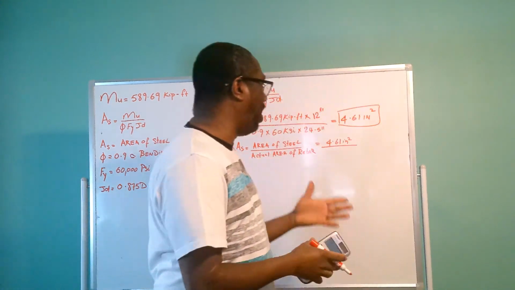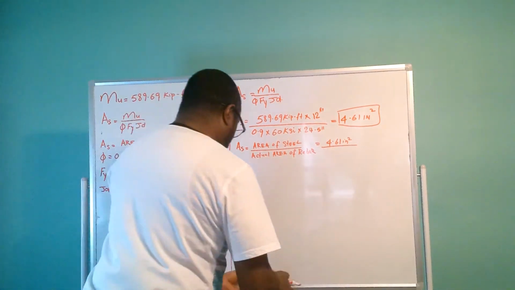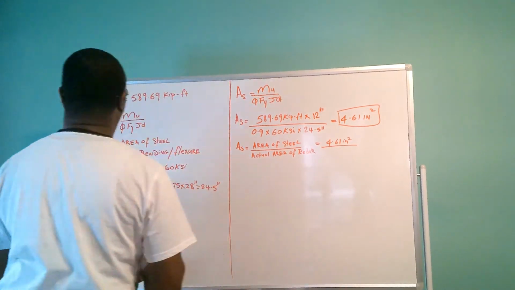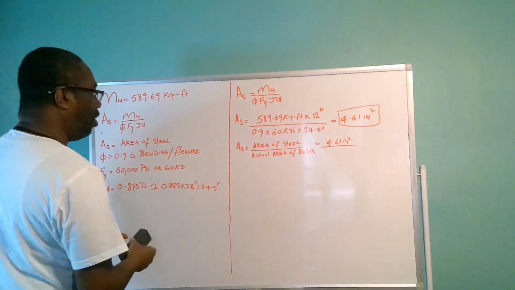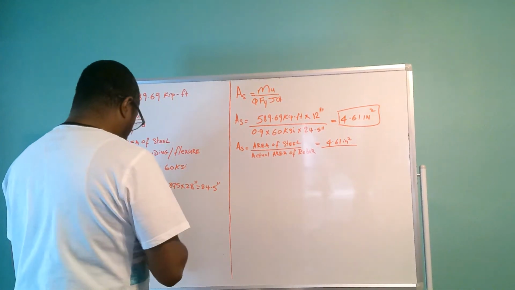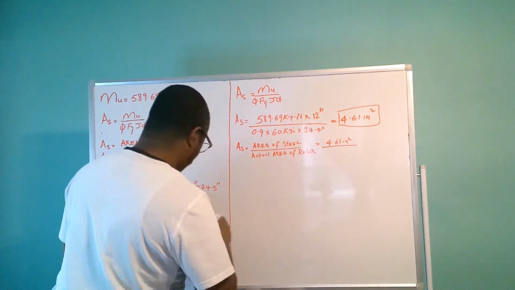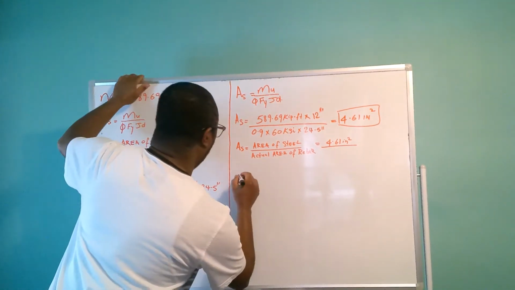And for our beam cross section, that is not going to be good, because we want our steel to be able to fit, so that the rebars can be placed perfectly and the concrete can go between the rebars.